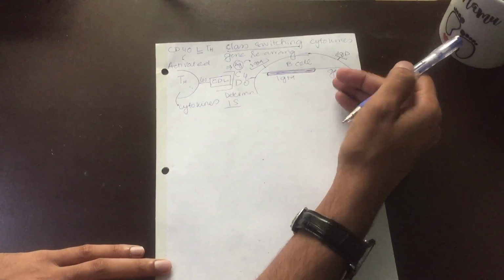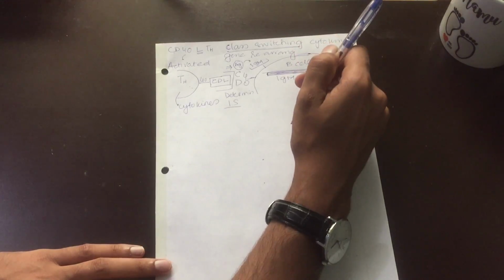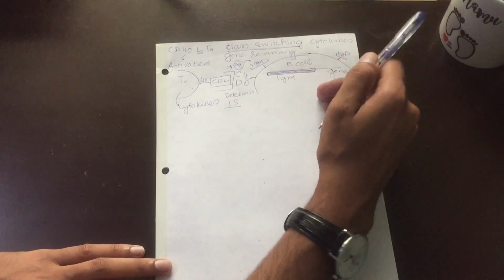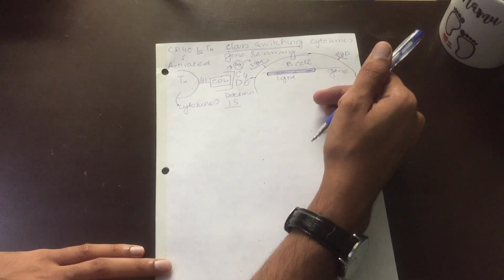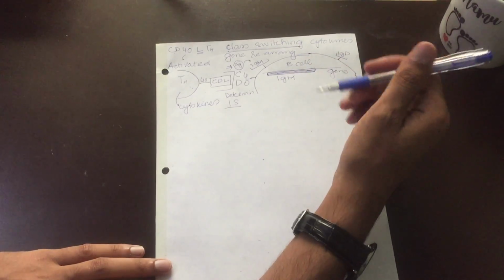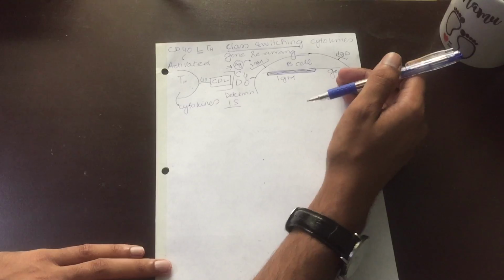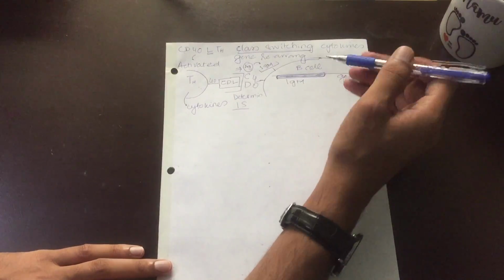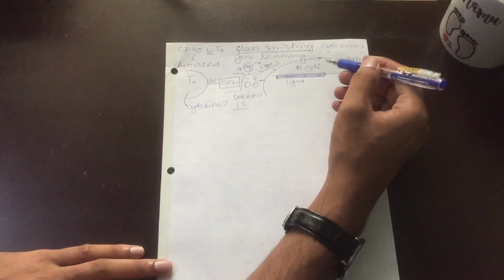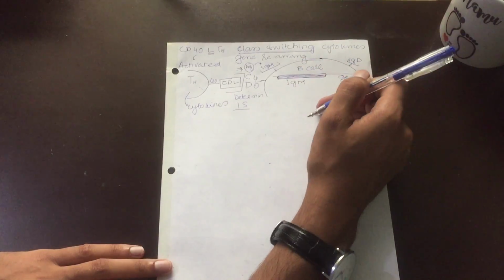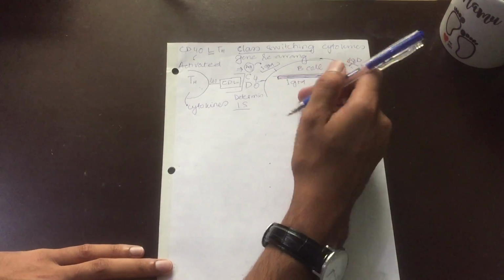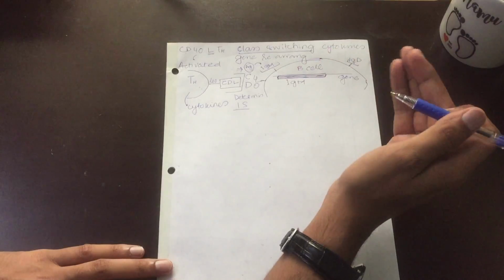IgM just indicates there is a primary response, but the body needs anti-enteroviral proteins. They need some protection against the mucosal membrane, so they need IgA. And how is it possible that IgM is converted into IgA, or for example in TB we need IgG?